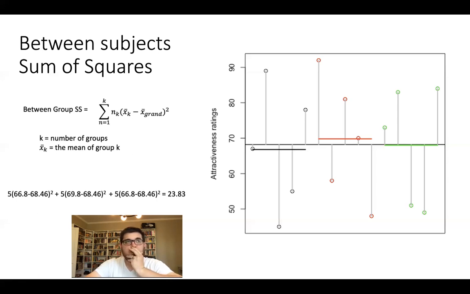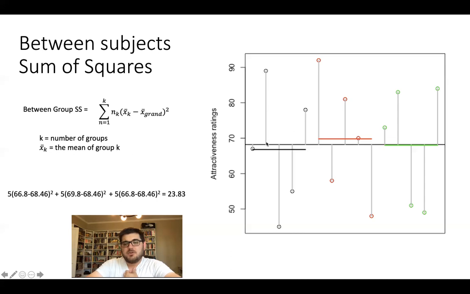And if you reread, I think it was chapter 5, that talked about predictions and accounting for variance. Imagine if I didn't tell you if someone was a non-coffee drinker, a coffee drinker, or a monster drinker. I said, I'm going to run a new person. I'm going to randomly assign them to one of these experimental conditions, one of these drinks. And I just want you to predict what their attractiveness score is going to be.